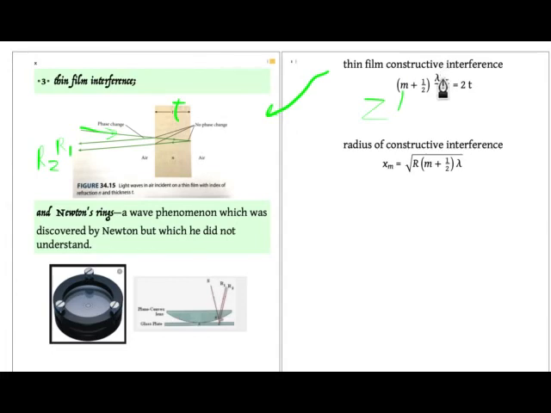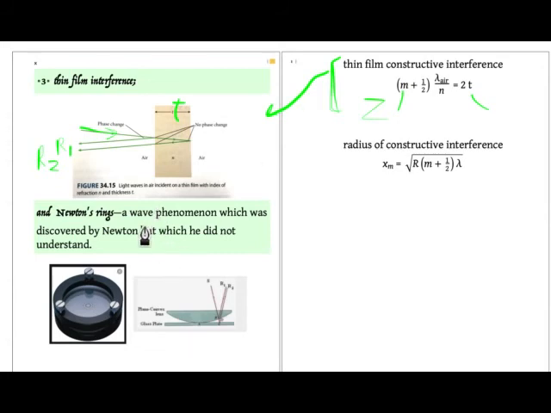So you have the wavelength in air divided by the index of refraction of the glass, and that equals 2 times the thickness. So t here is the thickness. I won't go over the derivation of this, but you can find it in the textbook. It's the condition for constructive interference for reflection of light from a thin film.